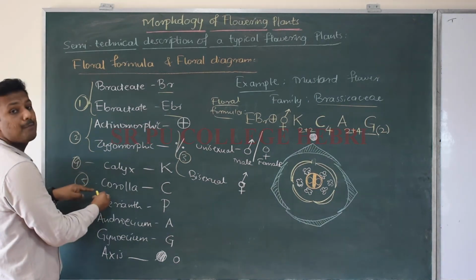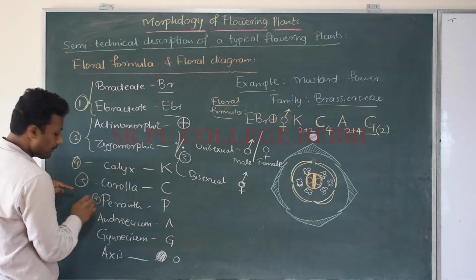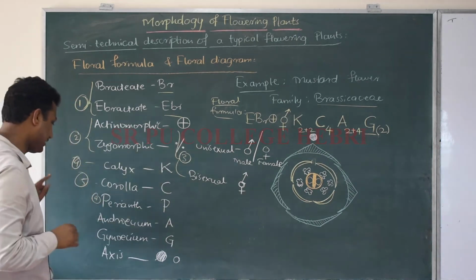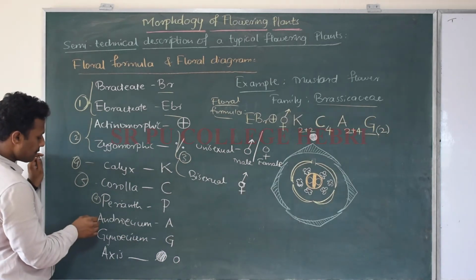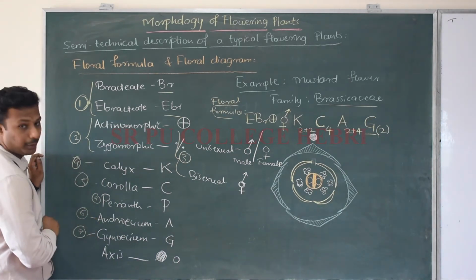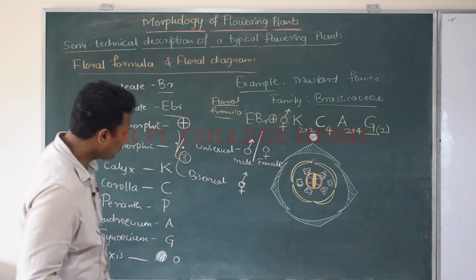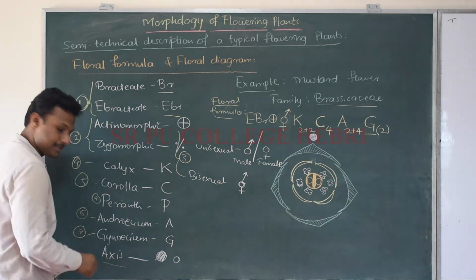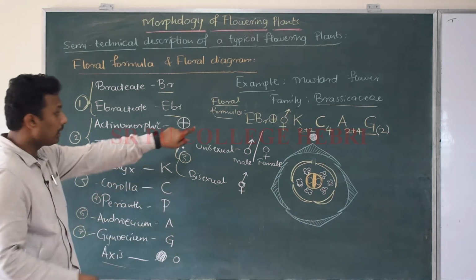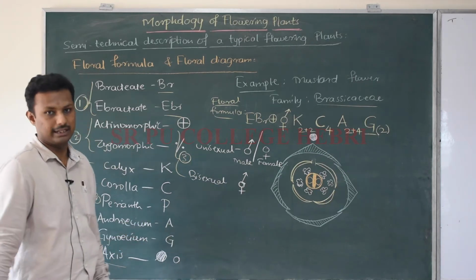Only in the absence of calyx and corolla does perianth become the fourth one. Then androecium will become the sixth one, and gynoecium the seventh one. The axis will be at the top, but we are not going to represent the axis in the floral formula. It only comes in a floral diagram, right?